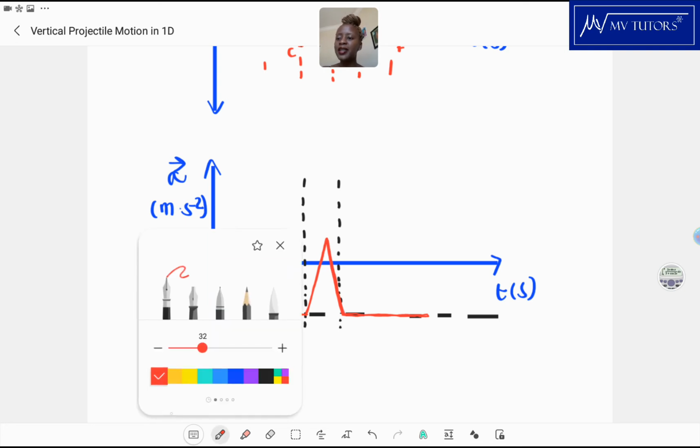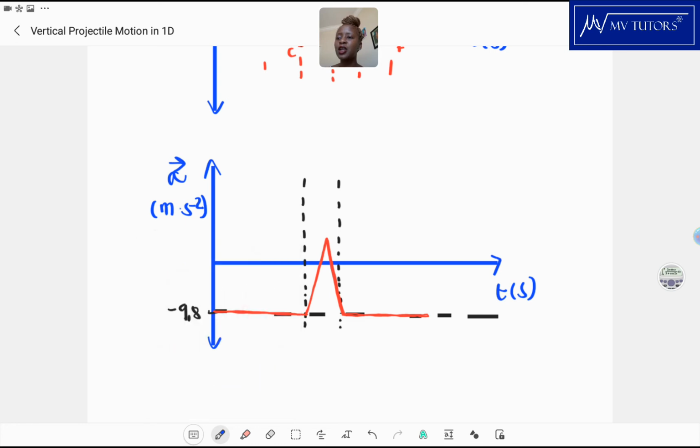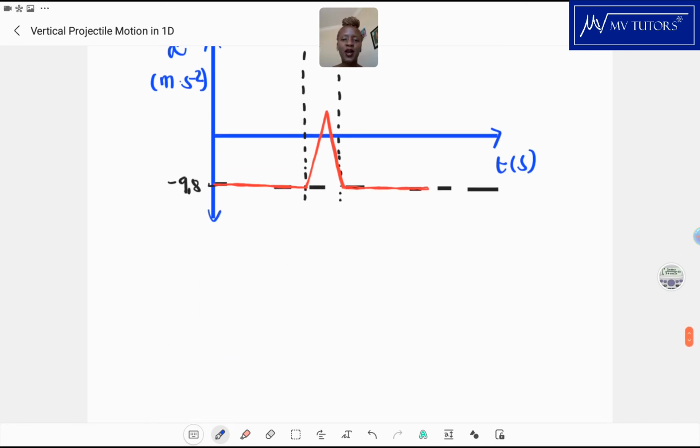And actually, an interesting fact that I learned: velocity is the change in displacement over the change in time. When we want acceleration, that is actually the change in velocity over the change in time.